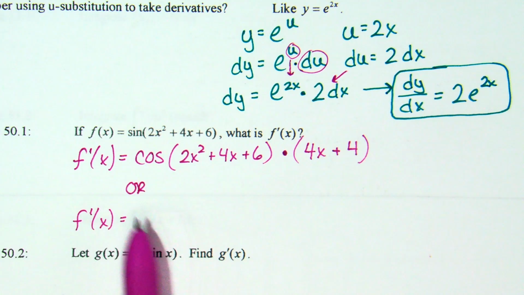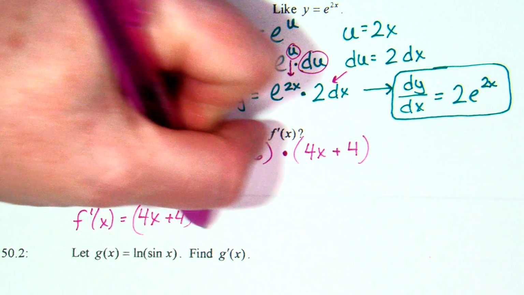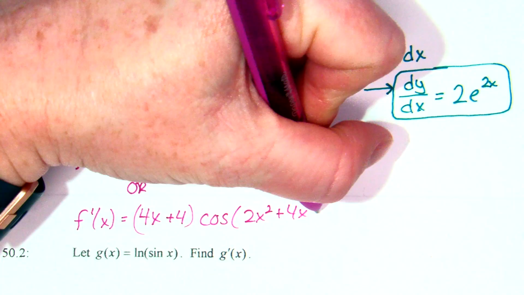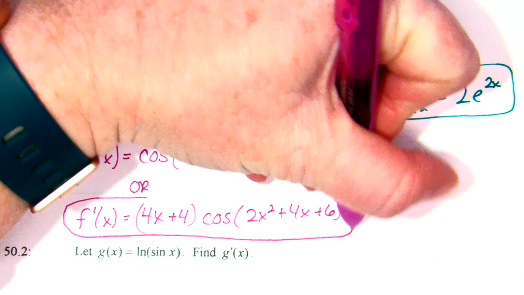It still has to be in parentheses, but 4x plus 4 times cosine of 2x squared plus 4x plus 6. Because then there is no question about, is that 4x plus 4 inside the cosine function, or is it just multiplied by the cosine function? If we put it beforehand, we know it is before the cosine function. So that, to me, would be the ideal way to write it. However, the other one's not wrong.